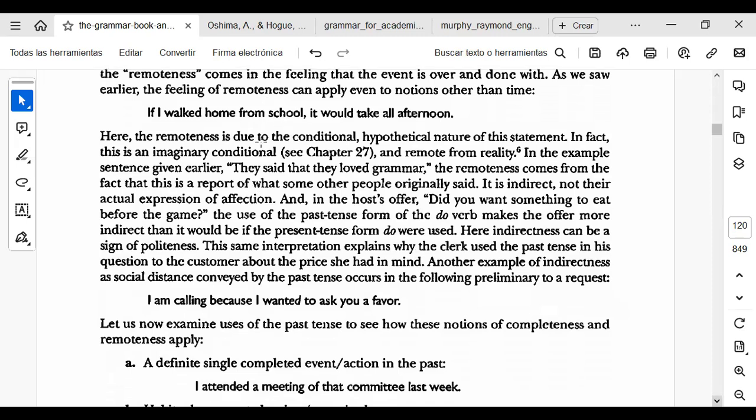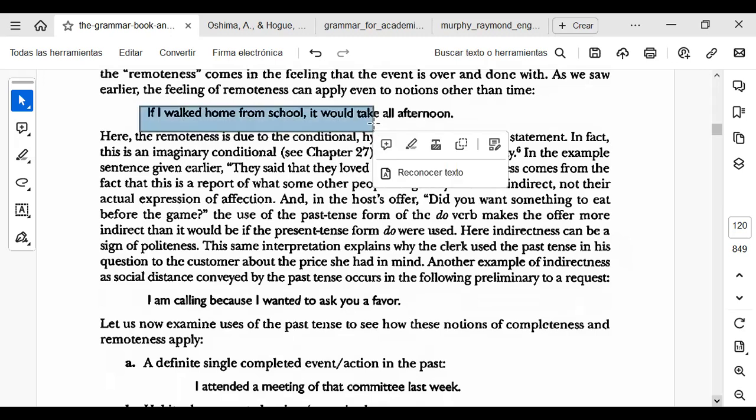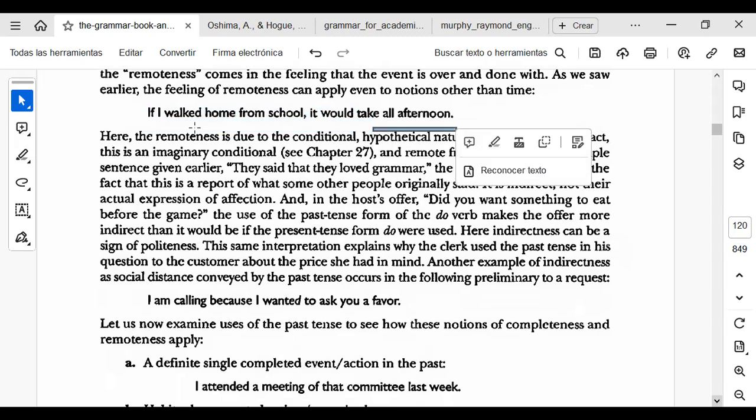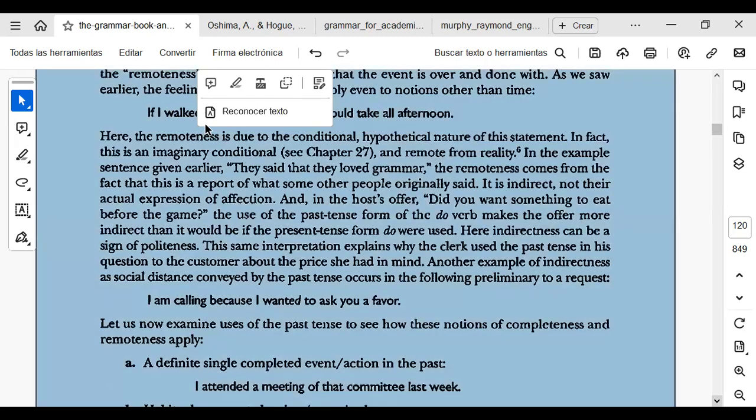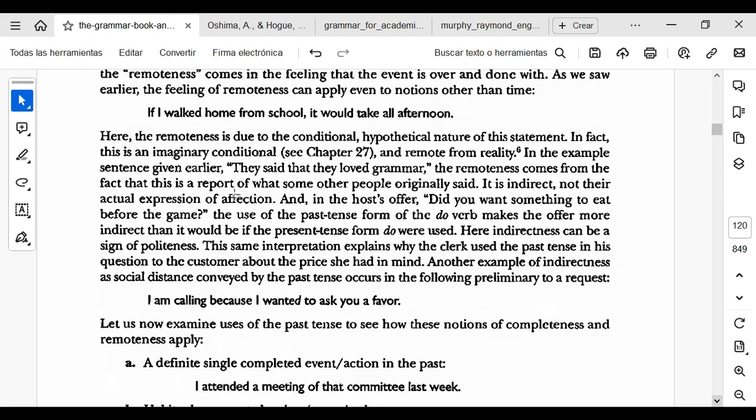This example is due to the conditional if, the hypothetical nature of this statement. In fact, this is an imaginary conditional, okay? For example, you want to talk about something that could be true or not, you have to use this structure, okay? Conditional in past.